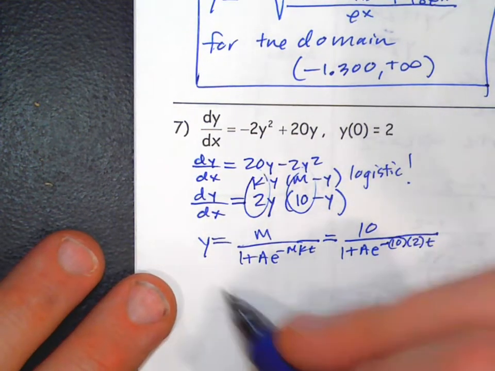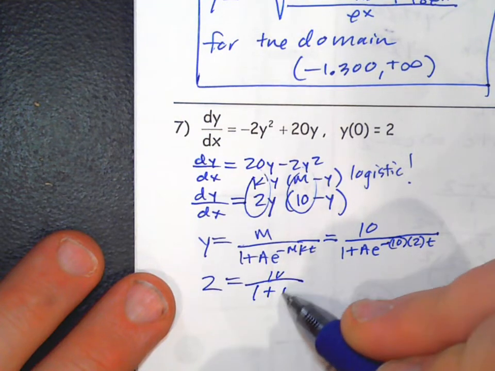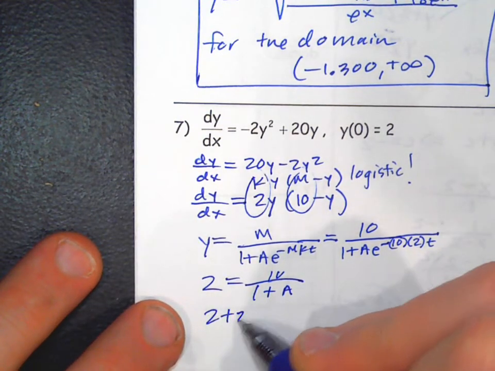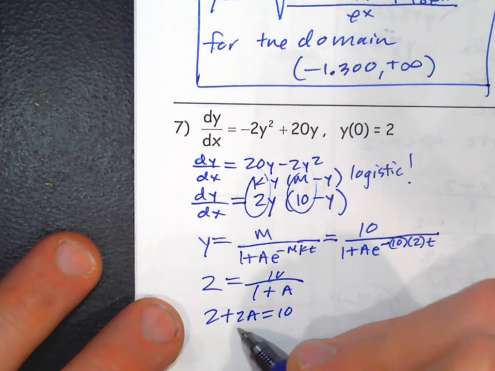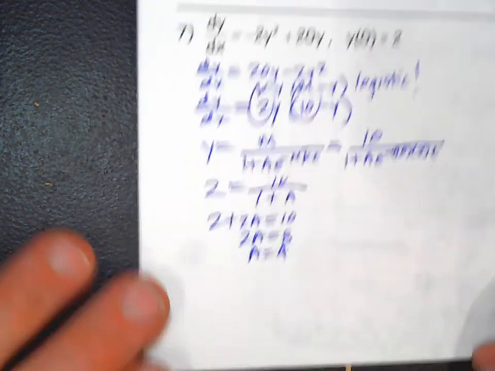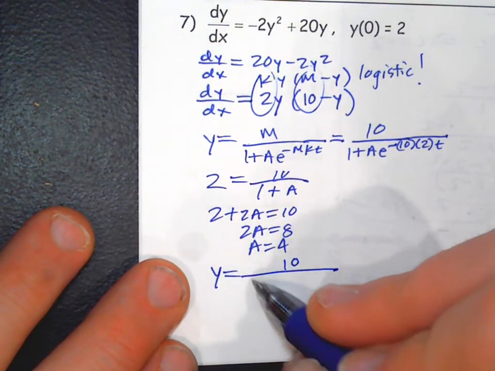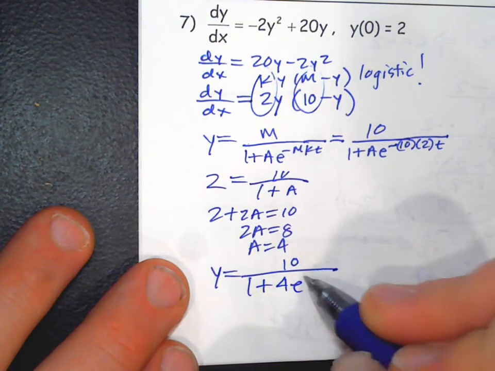So that's where the initial condition comes in. It gives you 10 over 1 plus a. So 2 plus 2a equals 10. 2a equals 8. A equals 4. So your answer is y equals 10 over 1 plus 4 e to the negative 20t.